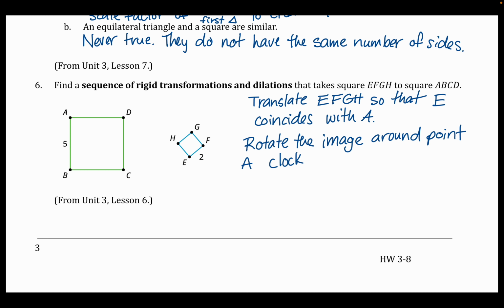I like to do the smallest rotation I need to do.